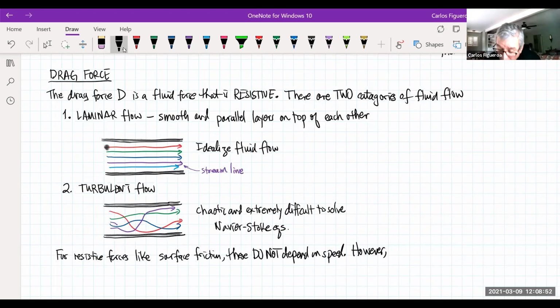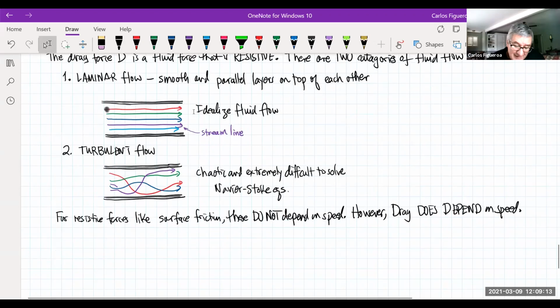However, drag does. It does depend on speed. And that makes sense here.